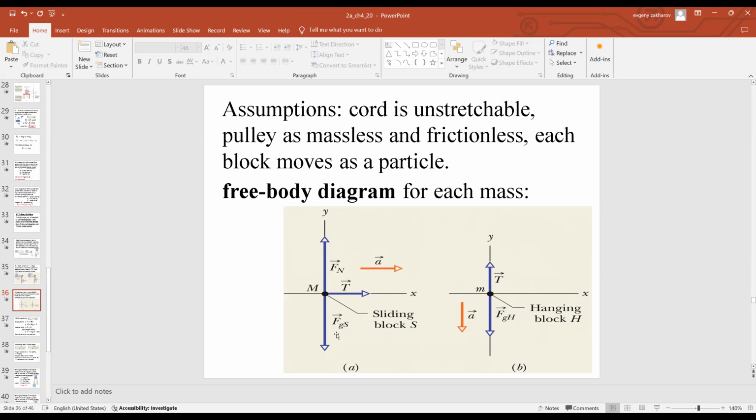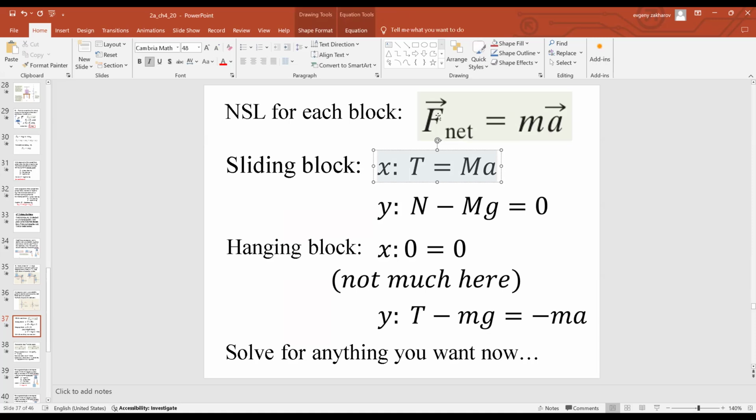Normal force counterbalances the gravity, and tension pulls with no counterbalance. So this is the net force. This is the force that propels the block across the table. So acceleration is to the right. So tension for the net force, and acceleration times the capital M for the mass.